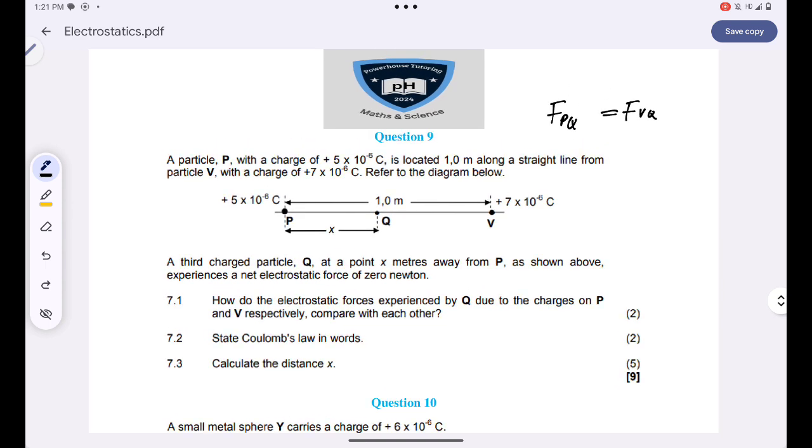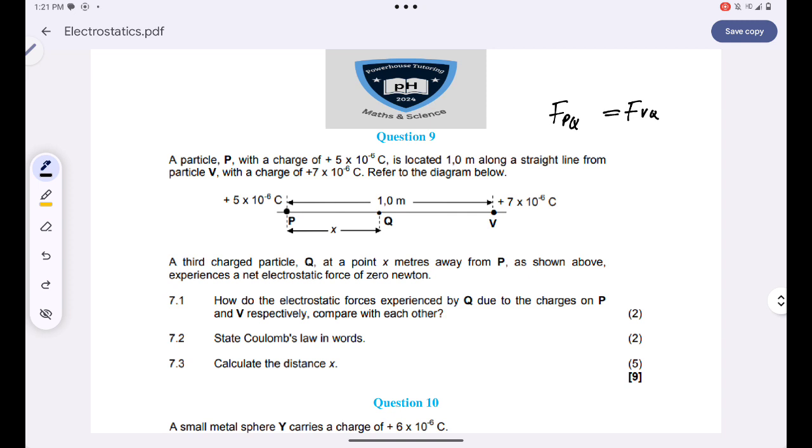The distance x. If the distance between P and Q is x, it simply means that the distance between Q and V has to be 1 minus x, because whenever I add these two, I must simply get 1 meter. That's x meters and 1 minus x meters.